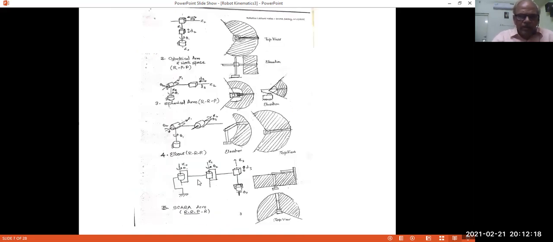Similarly, for other configurations, you have a cylindrical arm, actually a rotary prismatic chain of joints is called a cylindrical arm. In the plan view, it can rotate maybe some 300 degrees around, and there is a vertical movement and this movement that provide the elevation. Together they constitute the workspace for a cylindrical arm.